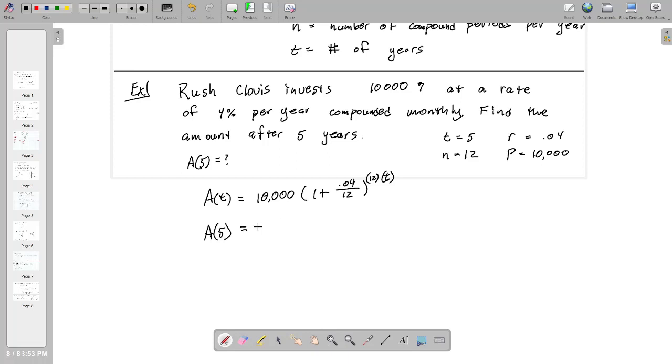A of 5 would be 10,000 times (1 plus 0.04 divided by 12, which would be 0.003 repeated) to the 12 times 5. Note that I'm plugging in a 5 for t. This is the same thing as 10,000 times 1.003 to the 60th power. So it ends up being 12,209.97 credits.